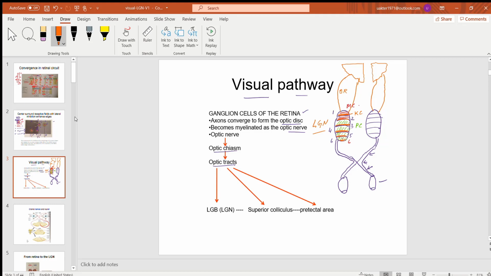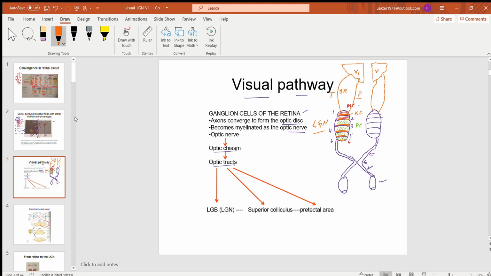And these fibers go through different pathways. This is the parietal or superior, through the parietal lobe, and this is the temporal inferior fibers.